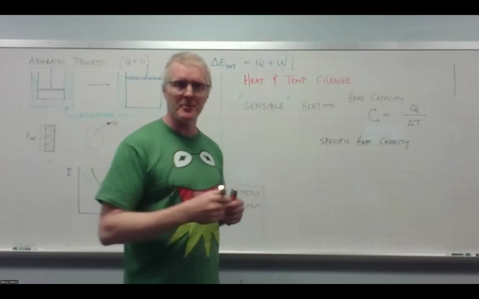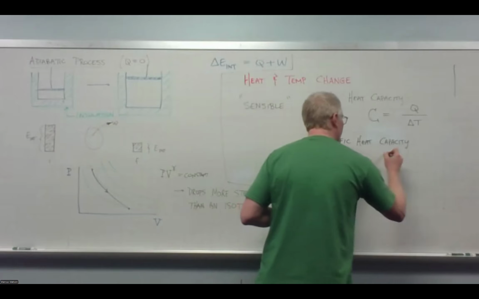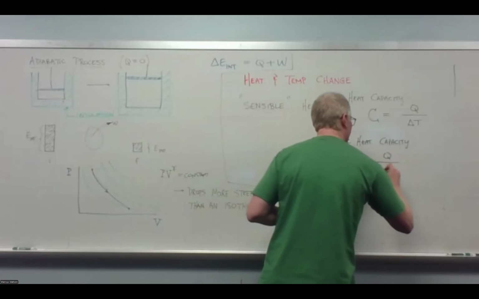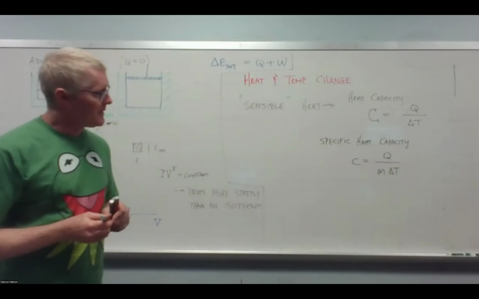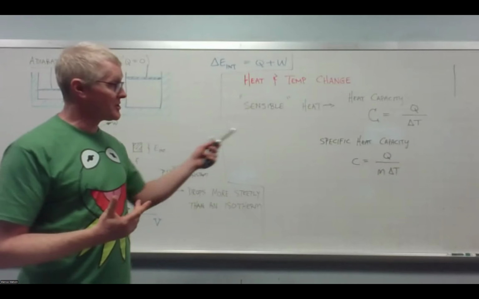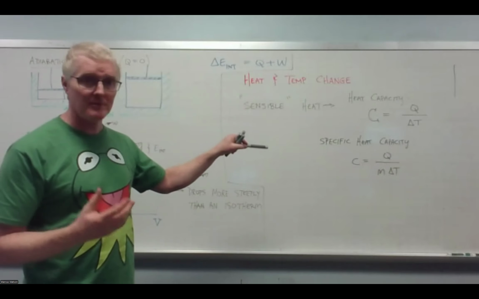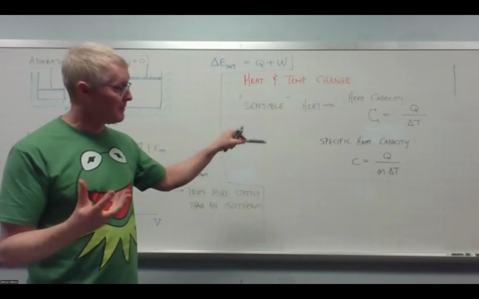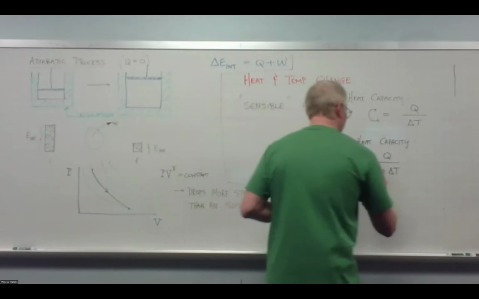It's a material-specific property. This is denoted with a small c, and it goes by m times delta T in the bottom. So this is the amount of heat, Q, necessary to change a particular mass of material by a certain temperature.